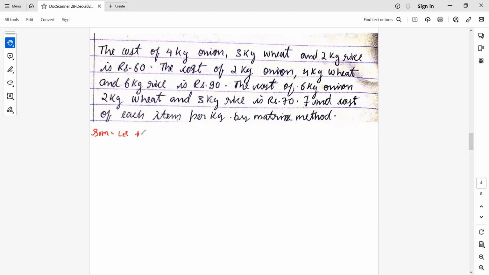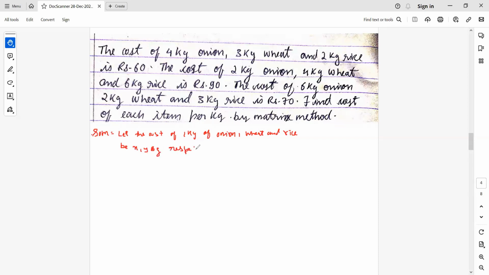The first step is, let the cost of 1 kg of onion, wheat, and rice be x, y, and z respectively.